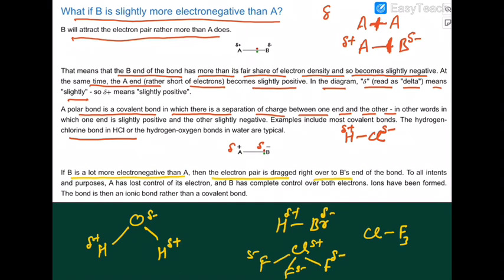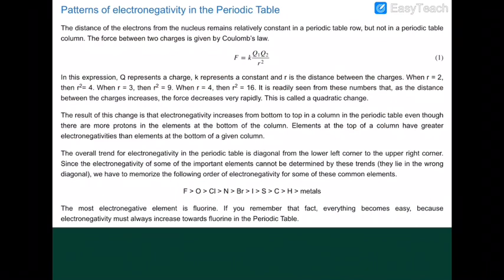In a polar bond, the electron pair is displaced towards the more electronegative atom. But in case of an ionic bond, the electron is completely transferred to the more electronegative atom. Okay, so now we will talk about the pattern of electronegativity in the periodic table.